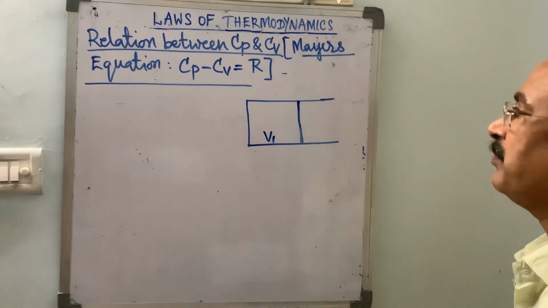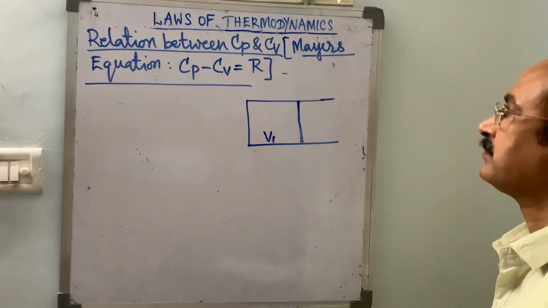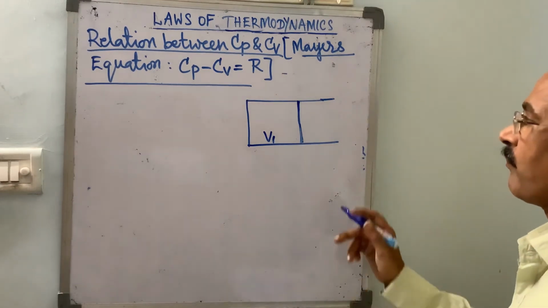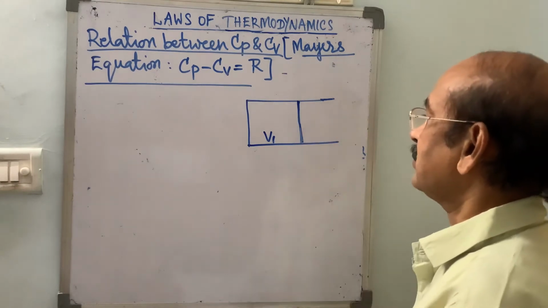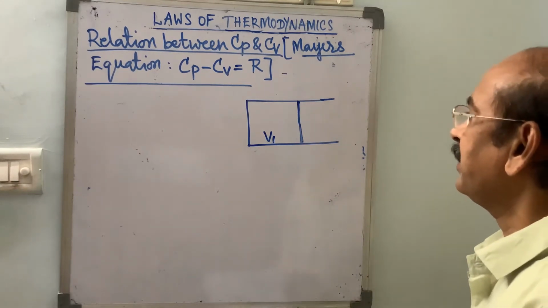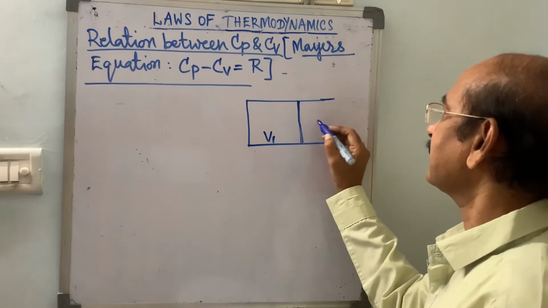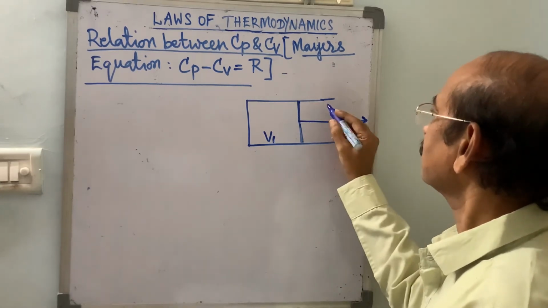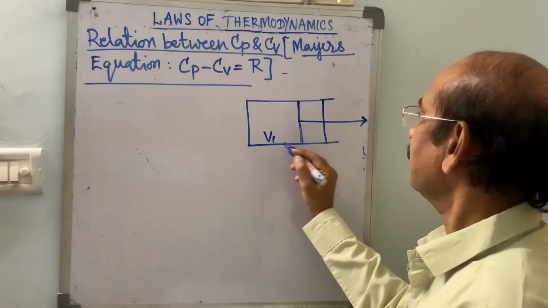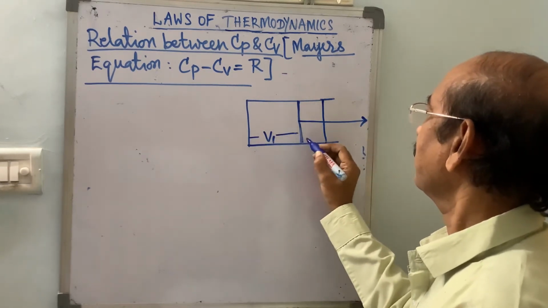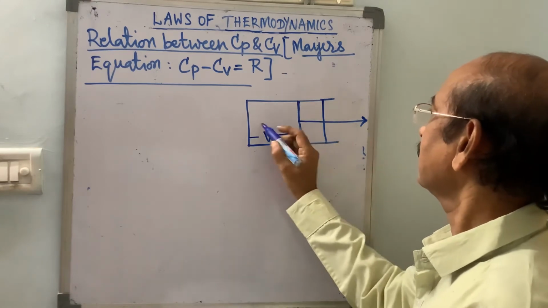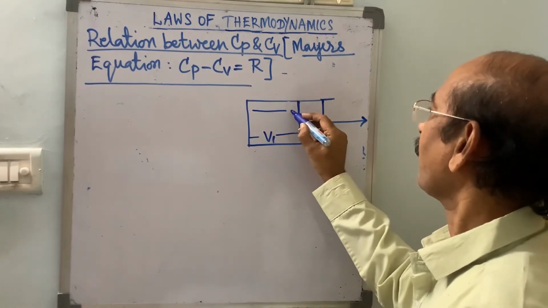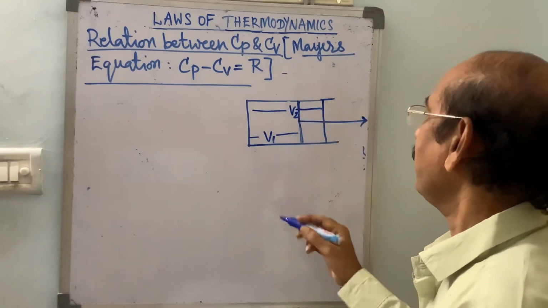Now the temperature changes from T1 to T2, and its volume increases from V1 to V2.